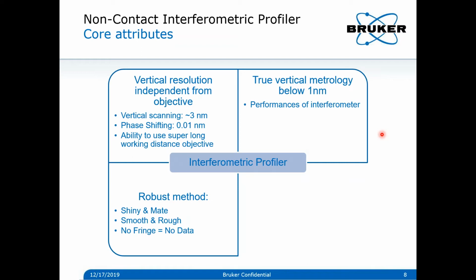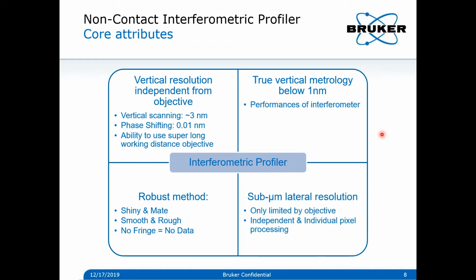And the last one is that this technique allows some micron lateral resolutions, and it's limited by the objective. The reason is that the calculation of the height is pixel independent. Each pixel is processed independently to collect the z height, which helps us to really push the limit of what we can achieve with optical profilers, and even beyond in some cases.